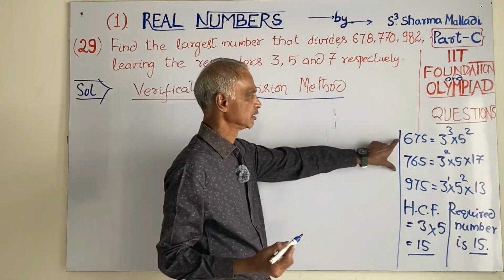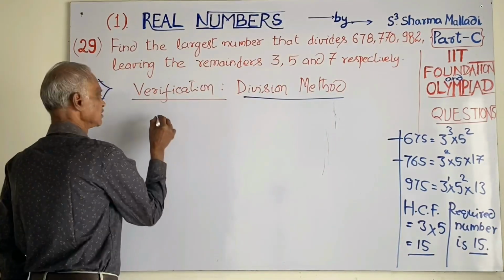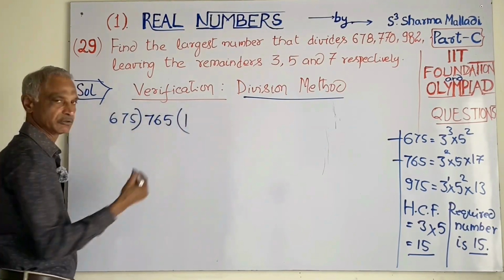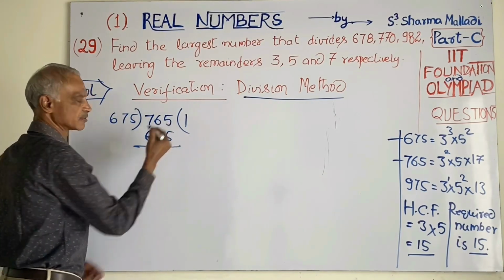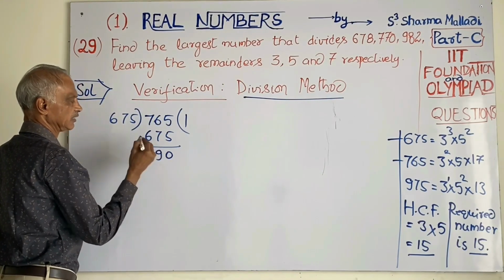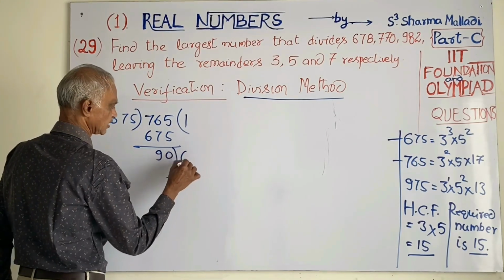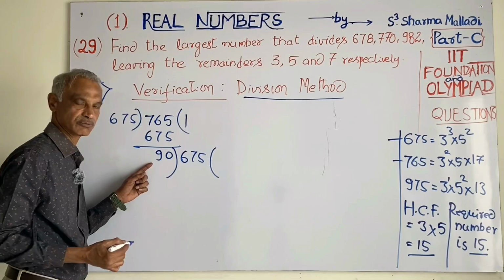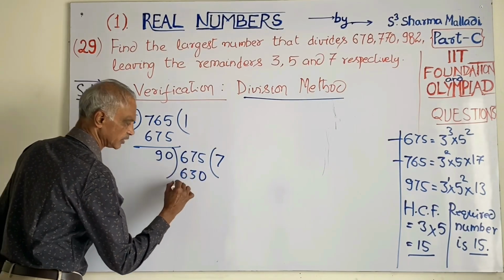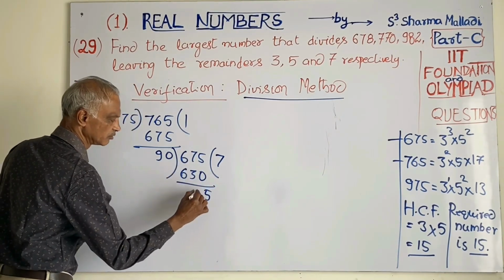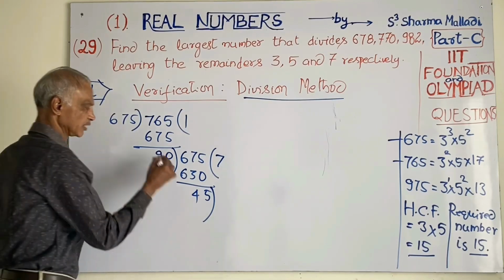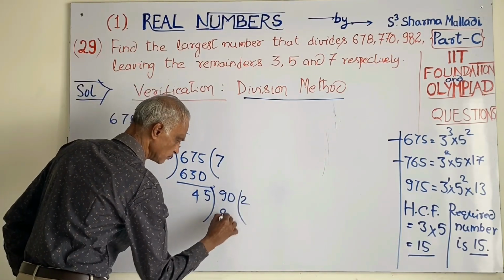First you take these two numbers, 675 and 765. Divide 765 by 675, one time it will go. Subtracting 675 from 765, you get 90. Now divide 675 by 90. 9 sevens are 63, and you will get remainder 45. We do not get remainder 0, so you have to do division till the remainder is 0. 45 two times, you will get 90.